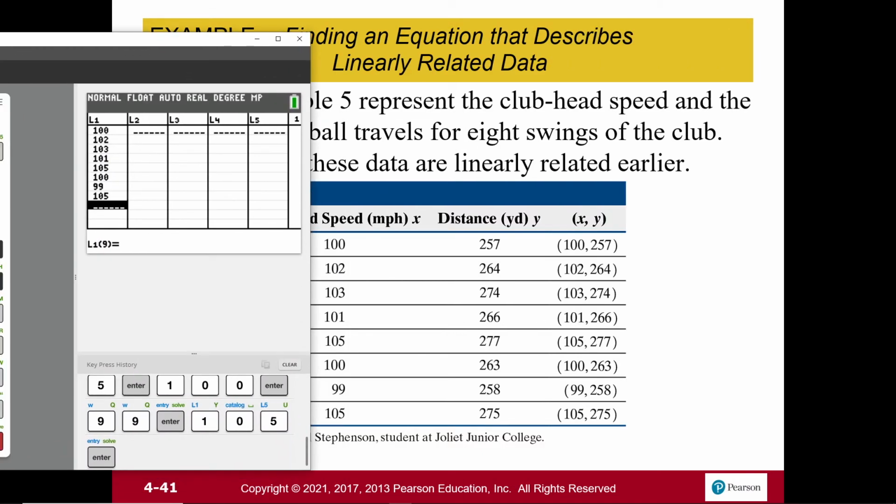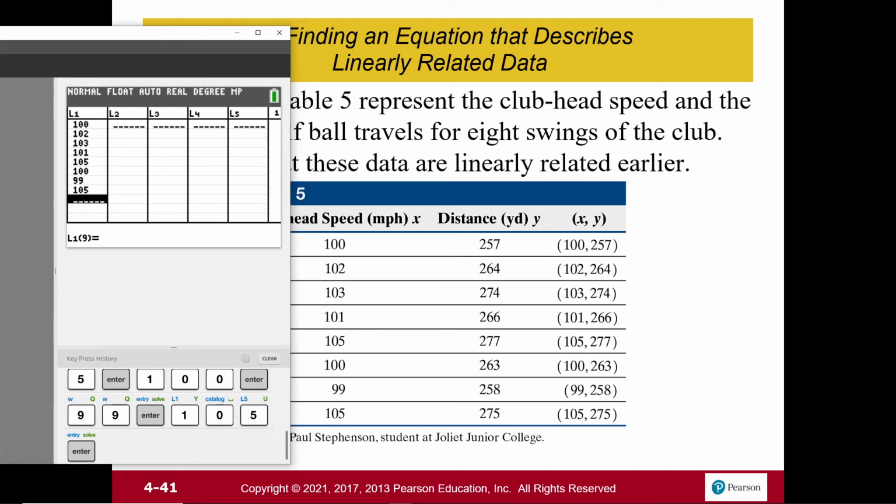Let's continue to enter the values in. Let's go over to list 2. We have 100, 102, 103, 101, 105, 100, 99, 105.